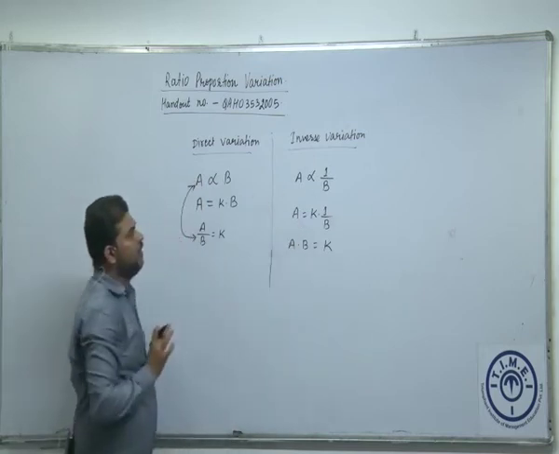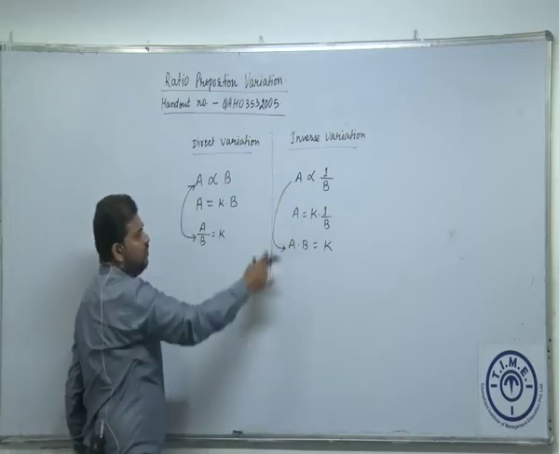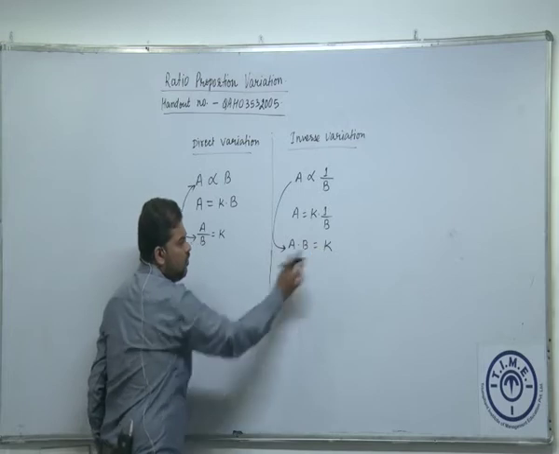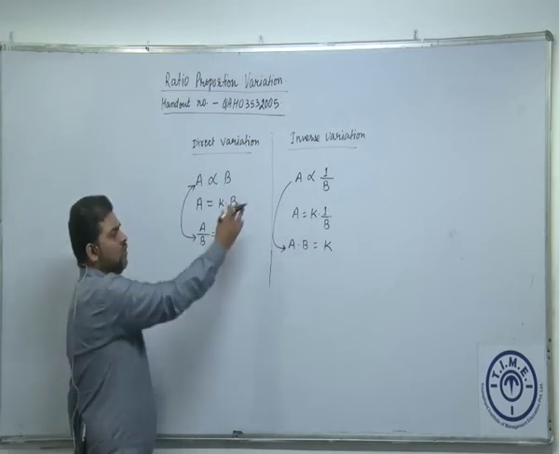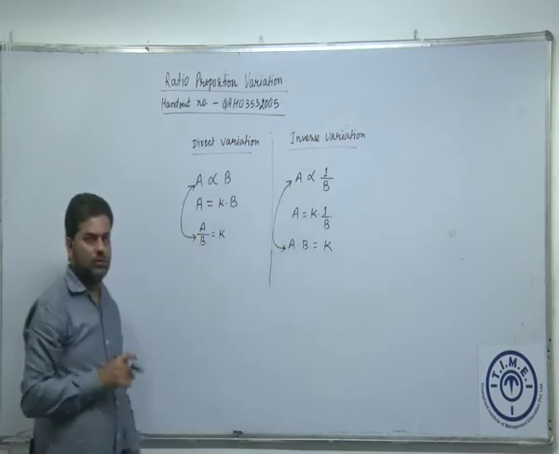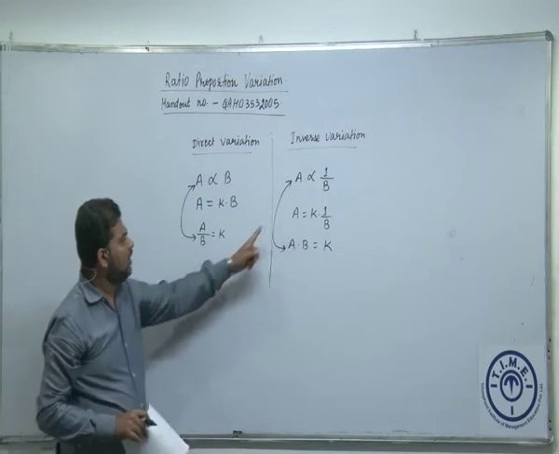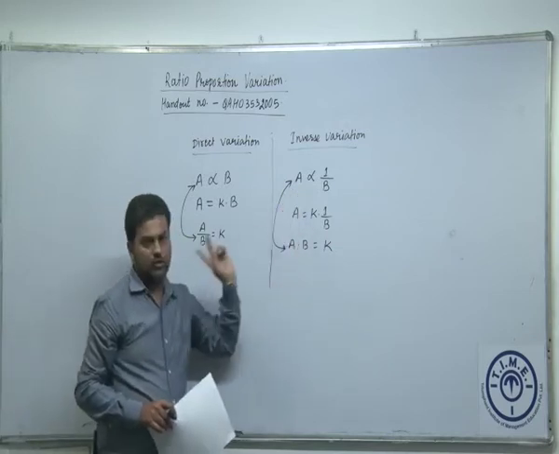Let's see here, A inversely proportional to B. So what do we get here? When it is inversely proportional, then the product is a constant. We can say the converse also: if the product is a constant, then they are inversely proportional. Direct proportion means the ratio is constant, and inverse proportion means the product is constant.